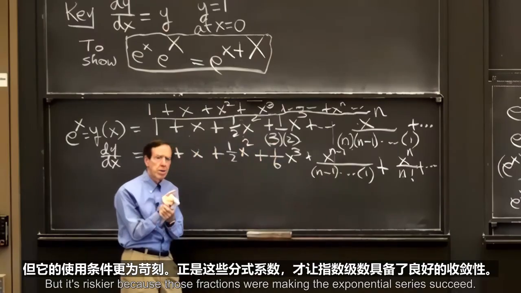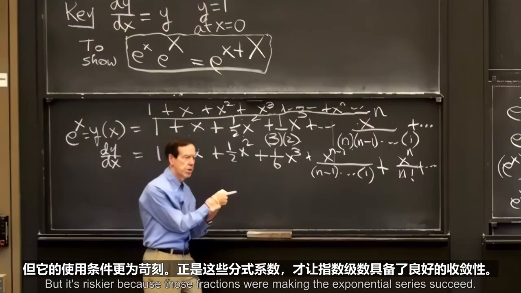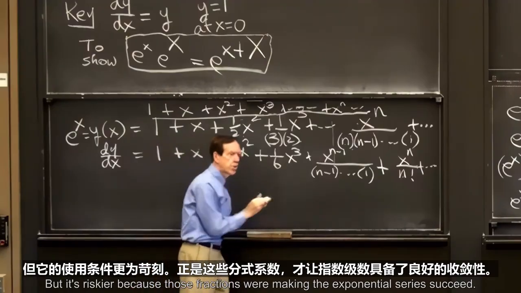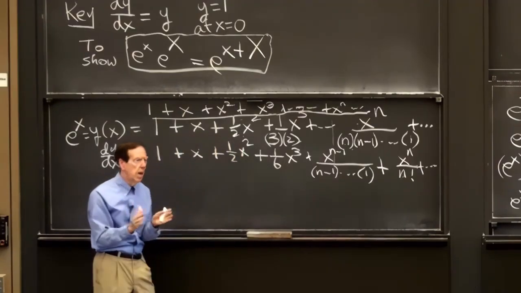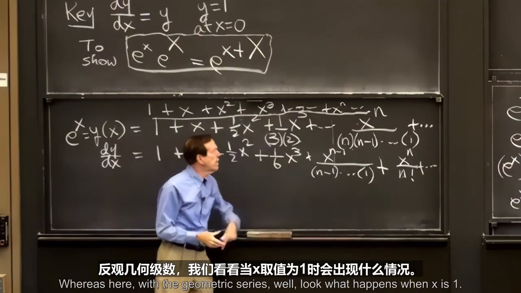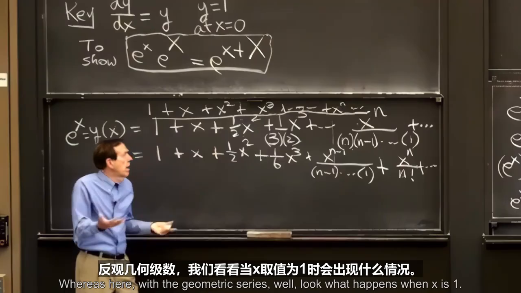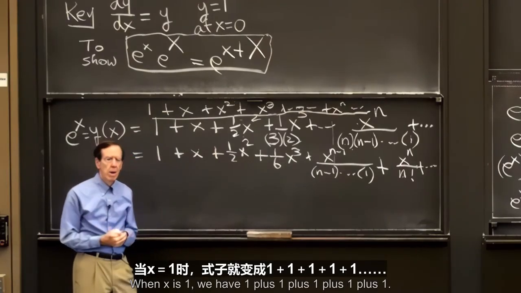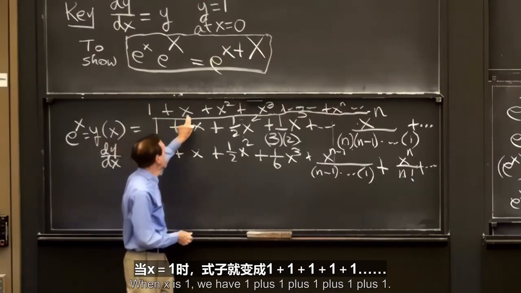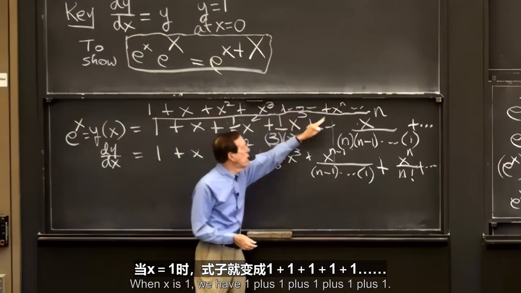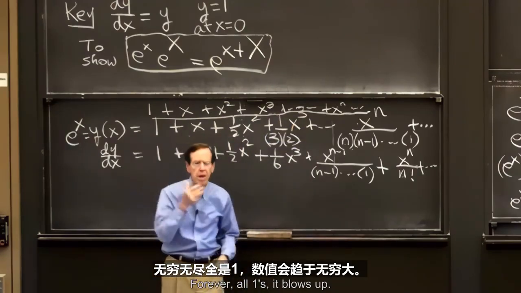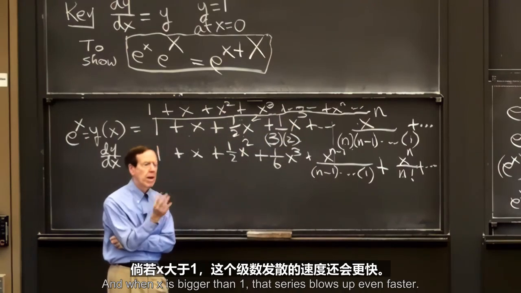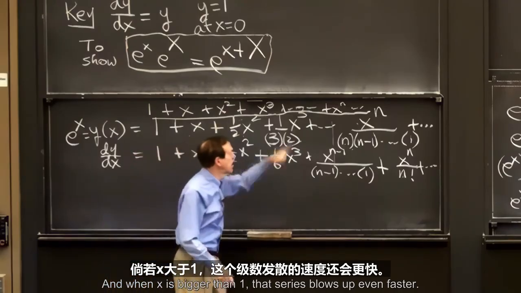But it's riskier because those fractions were making the exponential series succeed. Whereas here, with the geometric series, look what happens when x is 1. We have 1 plus 1 plus 1 plus 1 plus 1, forever all ones, it blows up. And when x is bigger than 1, that series blows up even faster.